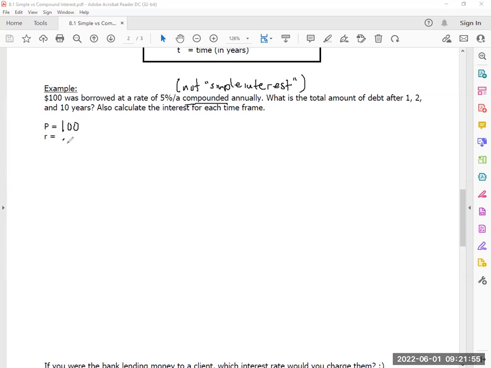Right? So this is still 0.05. Everyone ready? Year one. A is equal to P times (1 plus R) to the power of T. P is 100. This is 1 plus 0.05, all to the power of 1.